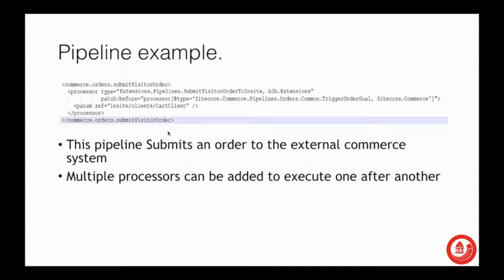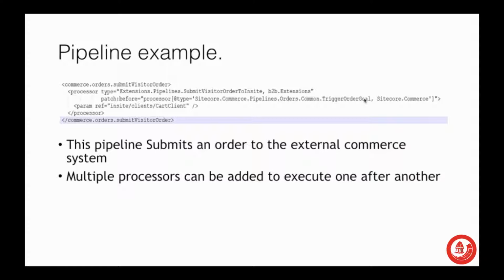And then you see this patch. Basically you can use the patch attribute to execute this particular processor before some other processor that is already in the configuration file. So in this case, I'm just making sure that my order is submitted to Insight before the trigger order goal processor.